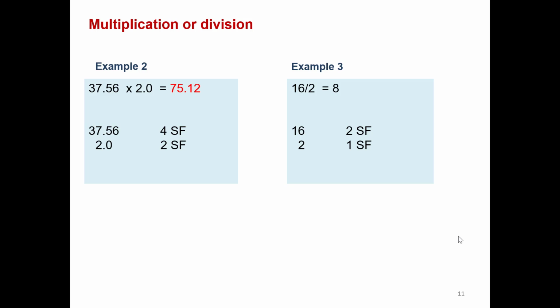Here we have 2 more examples in which we need to determine how many significant digits to keep when we multiply two measurements. If we had 37.56 times 2.0, then if we multiply them, the answer is 75.12. Now we need to check the correct number of significant digits of the answer.